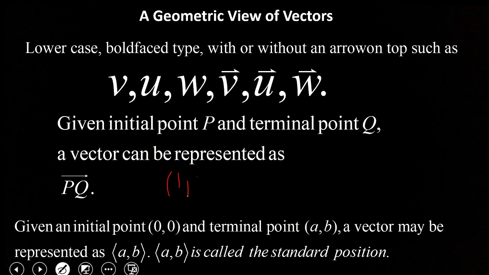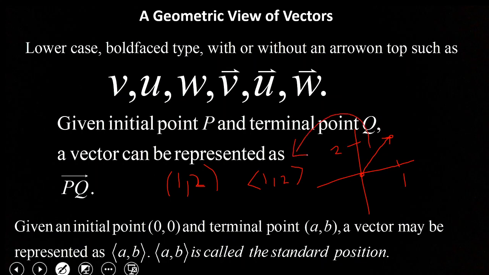So (1, 2) is actually a point, but if I write 1, 2 this way, I mean you start with an initial point of 0 and go to (1, 2). So this vector is represented by that. But that point is represented by that. Right? All right.